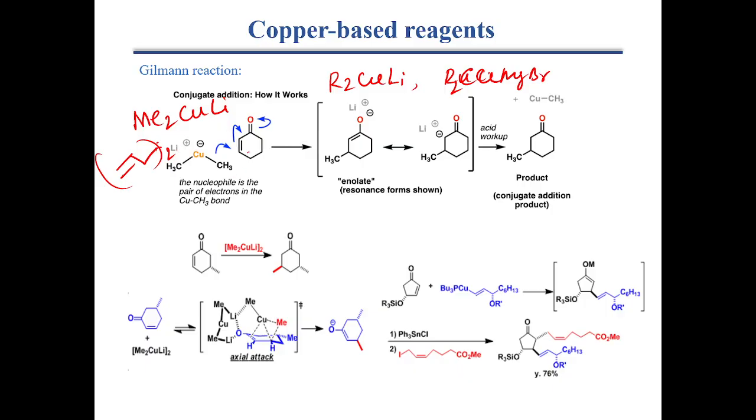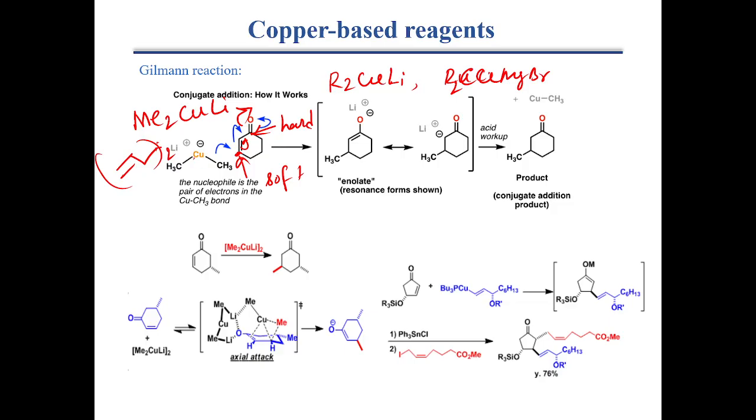So what happened in this case? This kind of alpha beta unsaturated ketone: this is the hard position, and this is the soft position because this undergoes resonance. Because of this resonating structure, this position is hard and this position is soft.